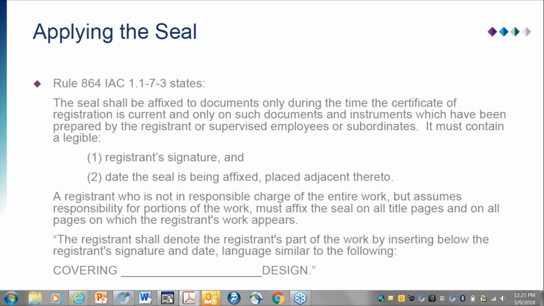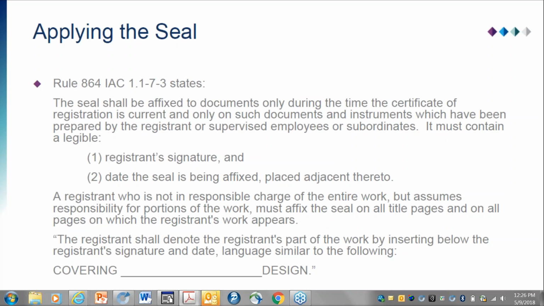Your registration, let's say, is due January 1, and you have not got your act together, and it's now February 1, and you still haven't sent your check in to re-register. And in the meantime, somebody wants to apply your seal to a set of drawings or report or what have you. And if your certificate is not current, well, that could be a problem.